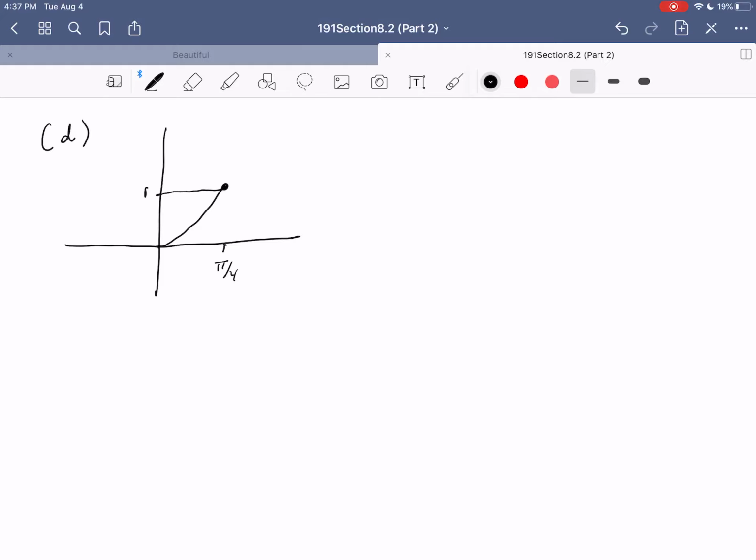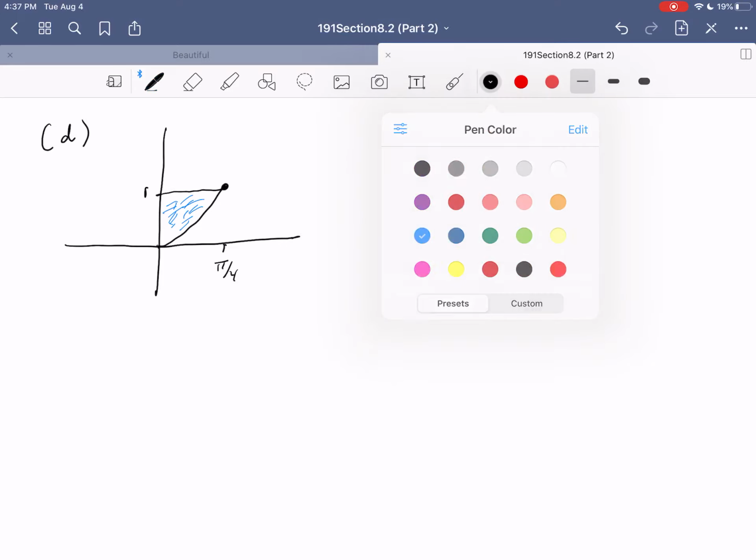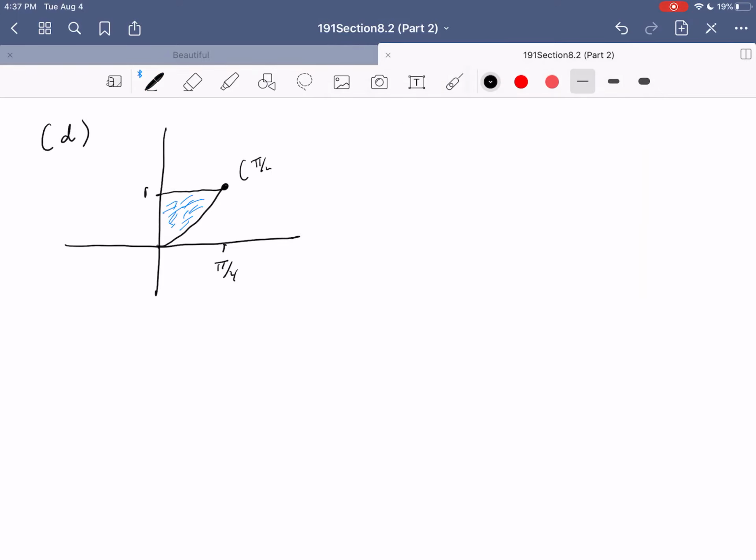So we've got this stuff here, and we're now going to be interested in this stuff in here. Then again, we can still label this as pi over 4 comma 1. And of course, we still have y equals tangent x, or if you prefer, if we need to work with respect to y, x equals arctangent of y.